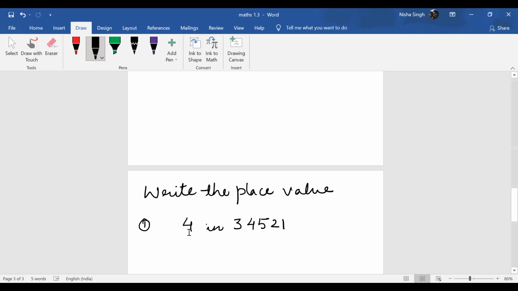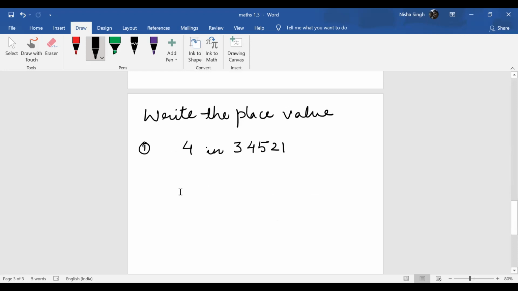So children, for this we can write it as 3, 4, 5, 2, 1. So 1 is on the ones place. We have to write the place value of 4.